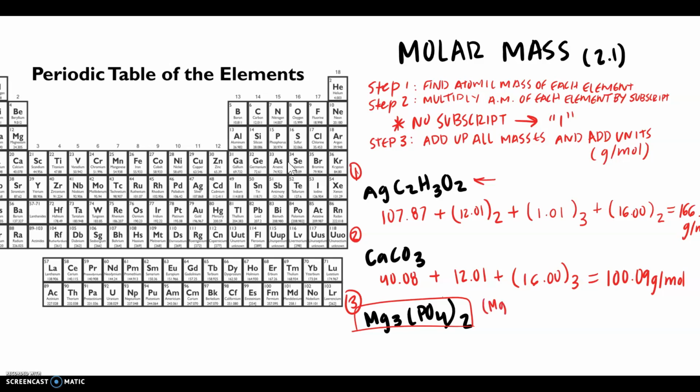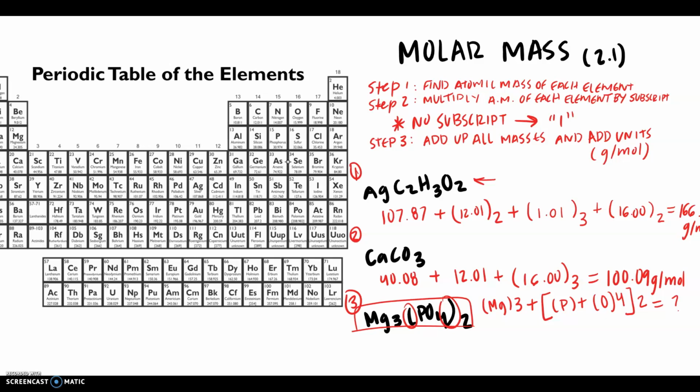So we have magnesium, and we know that we have 3 of those atoms for this element, plus, and we're going to do a bracket to represent the parentheses around the phosphate. We have 1 phosphorus atom plus 4 oxygen atoms. We'll close the bracket, and then we see that there's 2 of these phosphates, so we'll multiply all of that by 2, and that will give us our molar mass.